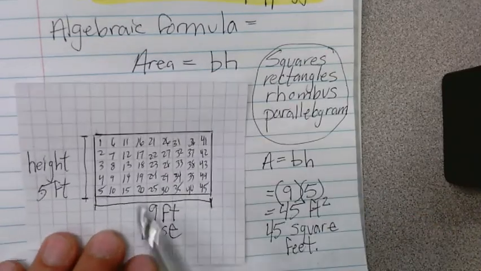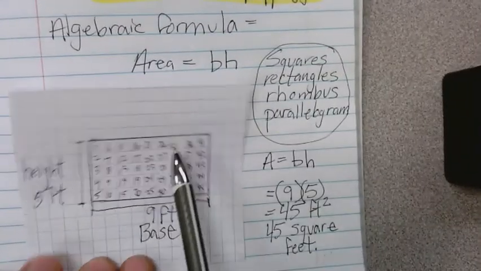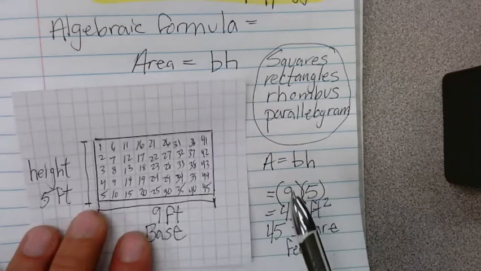You see, using the formula, it comes out to 5 times 9 is 45. There's 45 squares on the inside.